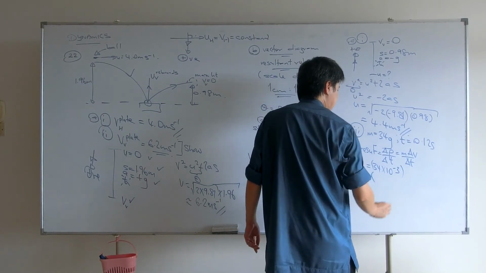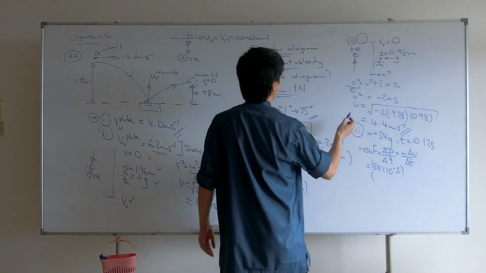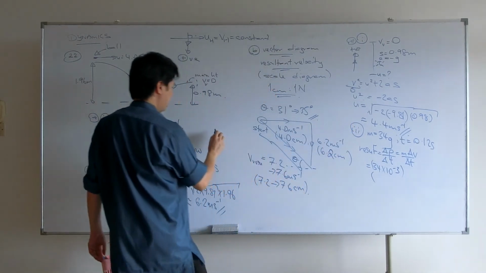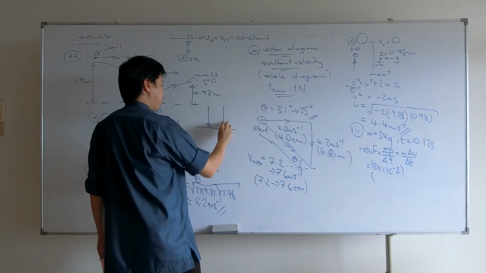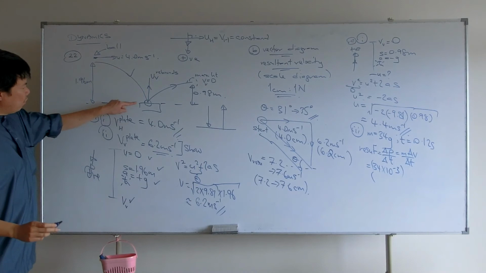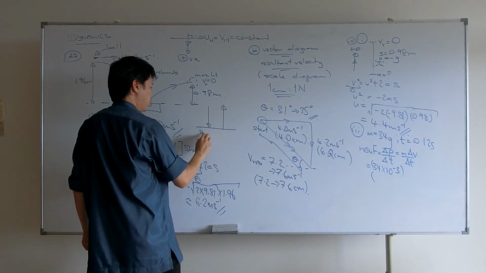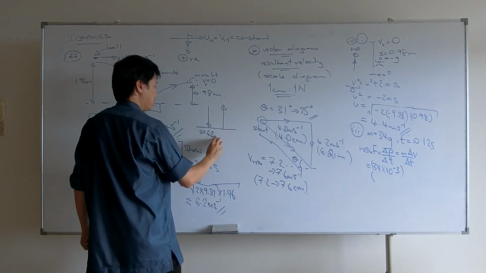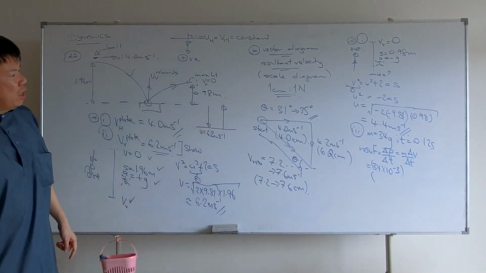Your velocity in this case, you have to choose direction. So let me draw a nice picture here of the rebound. It hits here and then bounces back. When it hits here, what is our velocity? 6.2. So u equal to 6.2 meters per second. When it rebounds back, what is it actually?